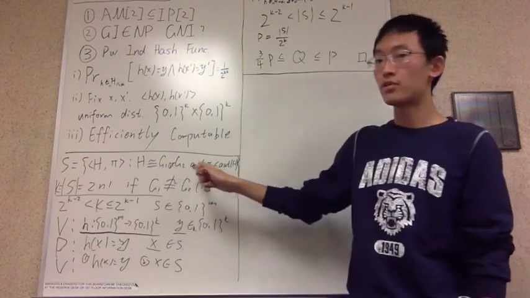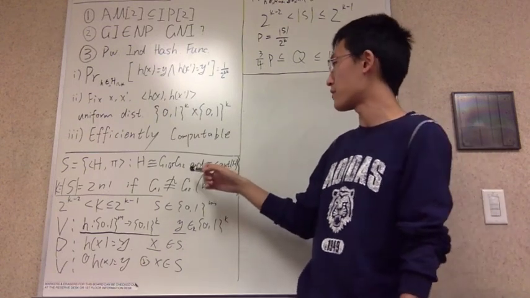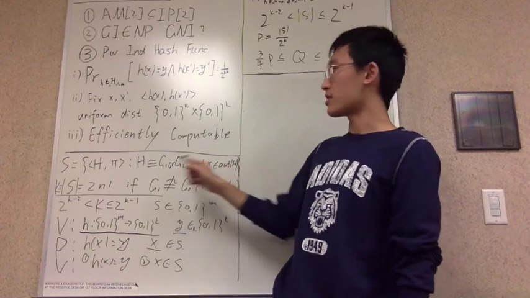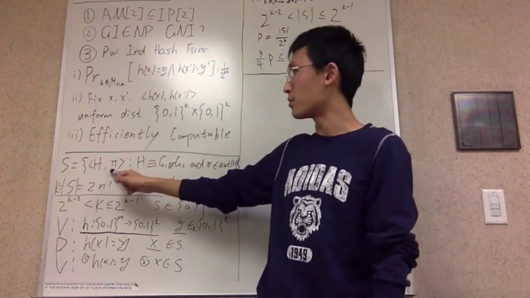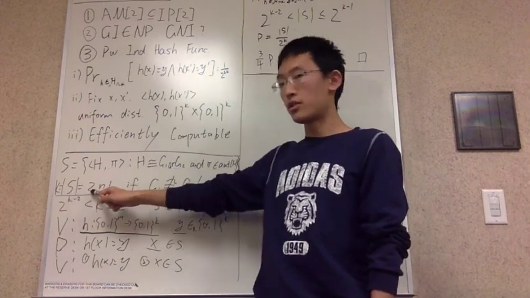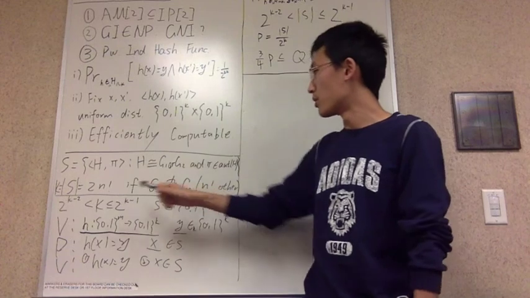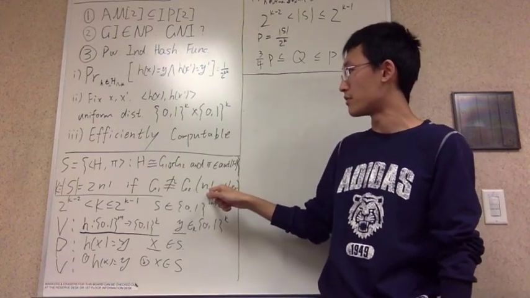Since G1 or G2 may have fewer than n factorial equivalent graphs, in that specific H it will have a non-trivial automorphism. We add pi here to make sure that S has a size of exactly 2 n factorial. If G1 and G2 are isomorphic, then it would have a size of n factorial.